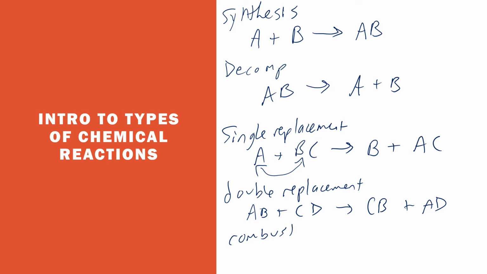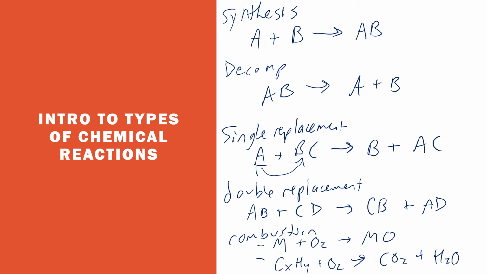And the last one is combustion. Now if you have combustion, I'm going to give you two kind of formats here. If you have combustion of a metal, combustion is always reacting with oxygen gas. If it's reacting with a metal, it's going to combine. But if it's reacting with a hydrocarbon, it forms carbon dioxide gas and water vapor.